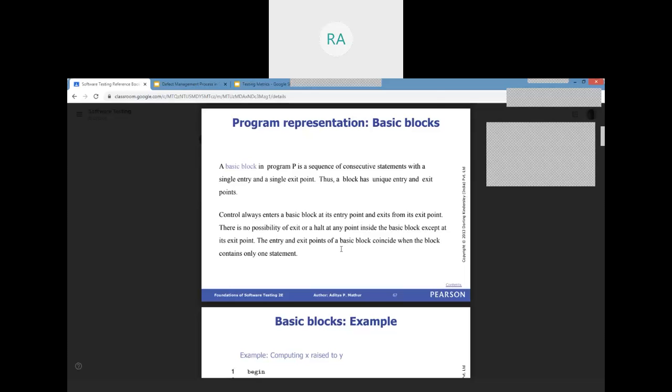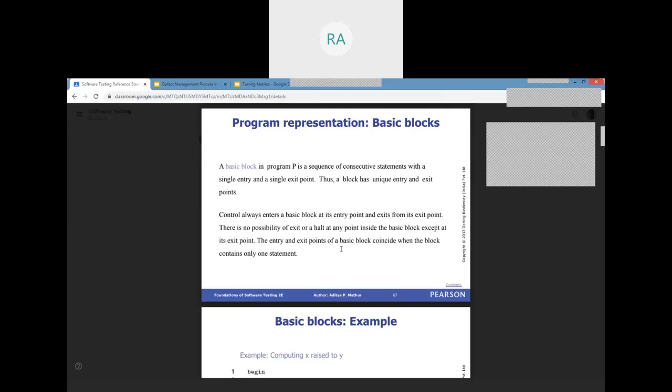You cannot say my program is going to have two exit and entry points, then that is ambiguous. Your program enters a basic block at one entry point and comes out of the program by making use of one exit point.